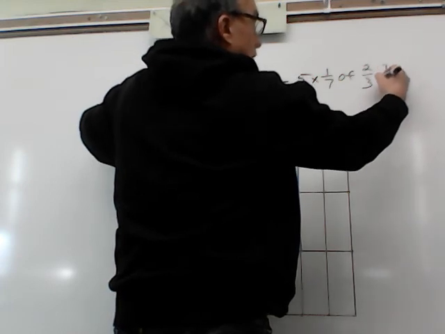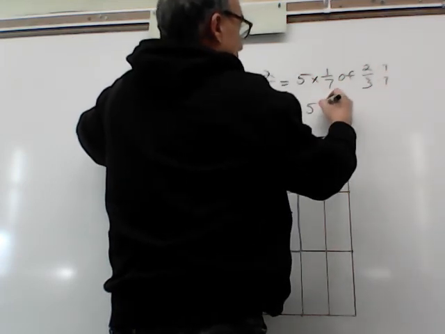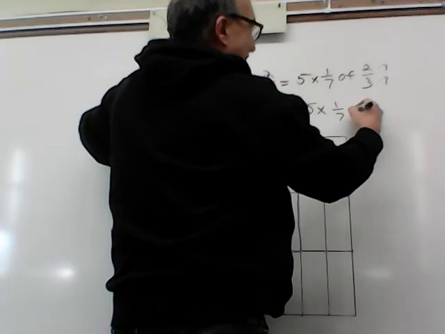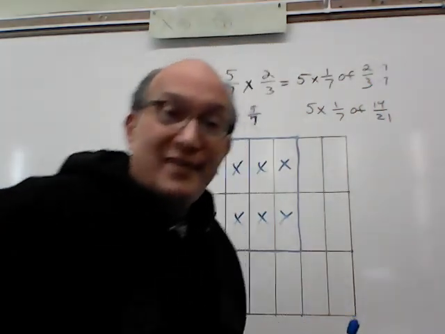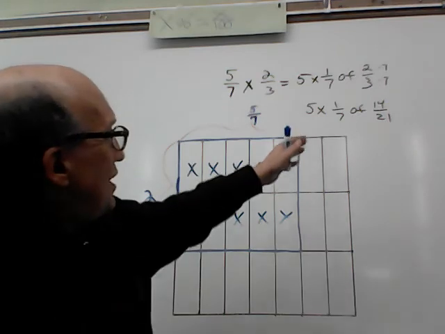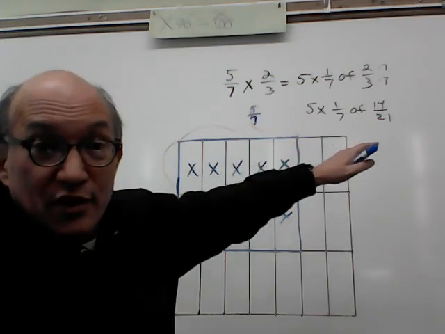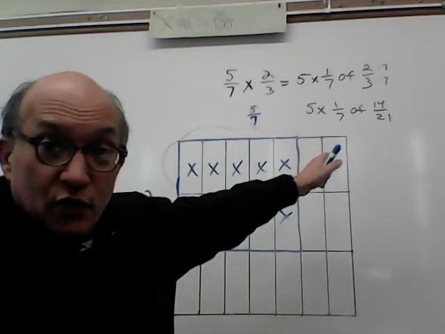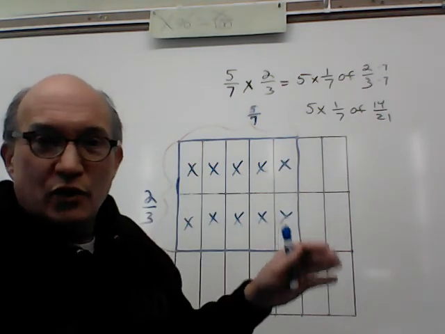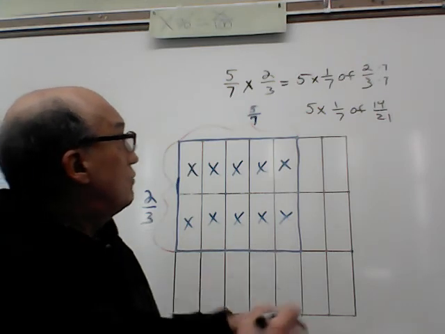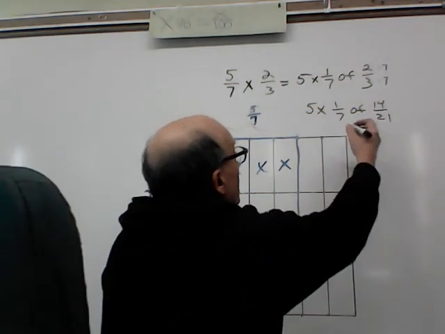We will multiply the top and bottom here by 7 and get 5 times 1/7 of 14/21. Right? You see how this is going to come out now? What's 1/7 of 14/21? It's 2/21. Right? 1/7 of 14 is 2, so 1/7 of 14/21 is 2/21.